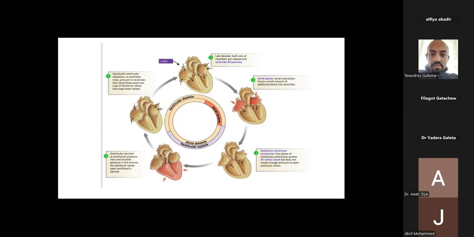This additional blood is needed only during exercise and during pathologic conditions. Otherwise, at resting stage or day-to-day activity, the rest 10 to 20% of venous return will not go into the ventricle.